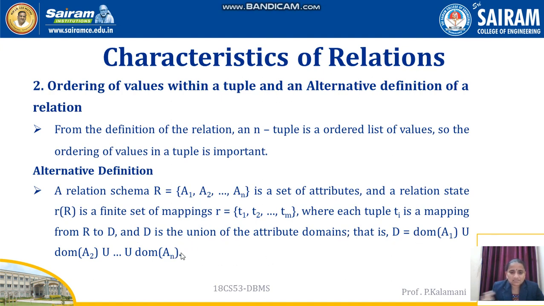So this is going to take the values from the Cartesian product of attribute domains. D is the union of attribute values, meaning each attribute will take different values for each row. That's why it is called D equal to domain of A1 union domain of A2 union etc. union domain of An. So this is the alternative definition for relation.